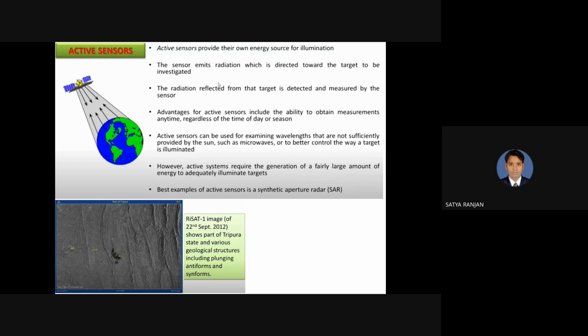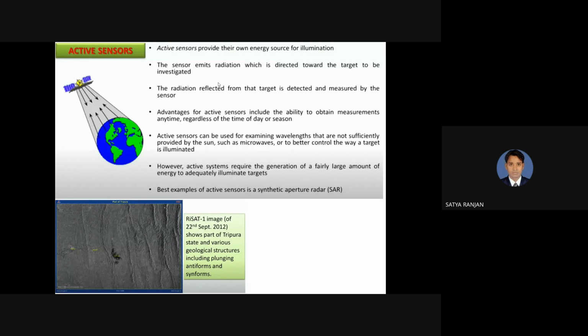However, the active system requires the generation of a fairly large amount of energy. So the basic difference is that active sensor satellite images contain a very large number of informations, and the image volume is very large.